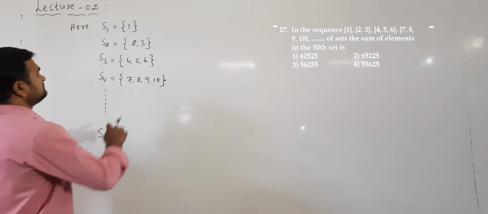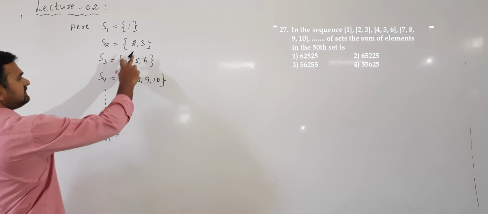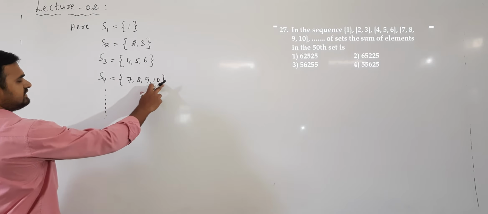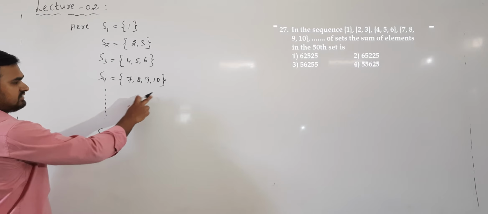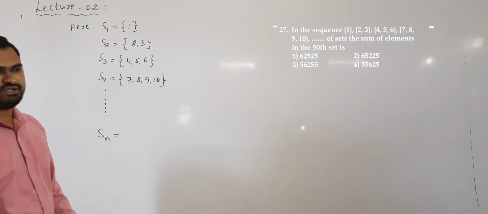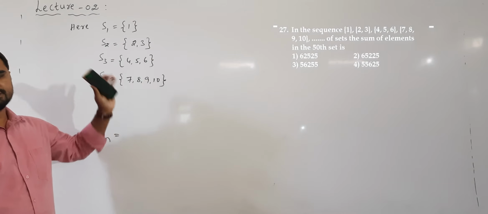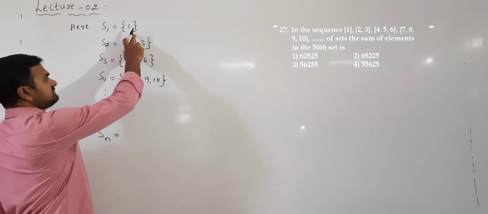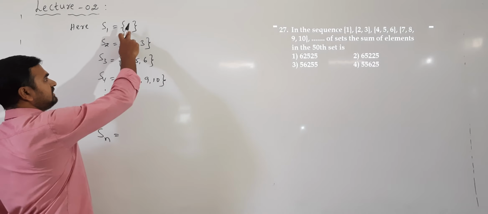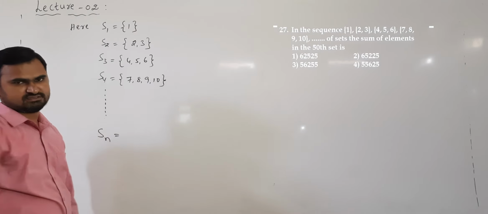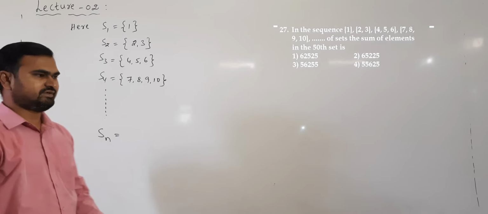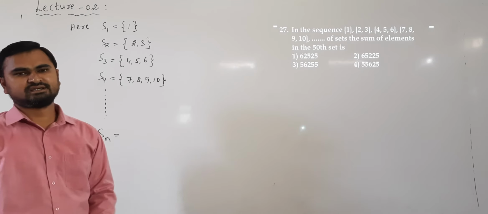Observe the pattern. 1 here, 2, 3, 4, 5, 6, 7, 8, 9, 10. Next will be 11, 12, and so on. So it depends on what we are taking here. All natural numbers we are taking, and how to start these natural numbers. If you know that, then we can write the elements of this Sn.